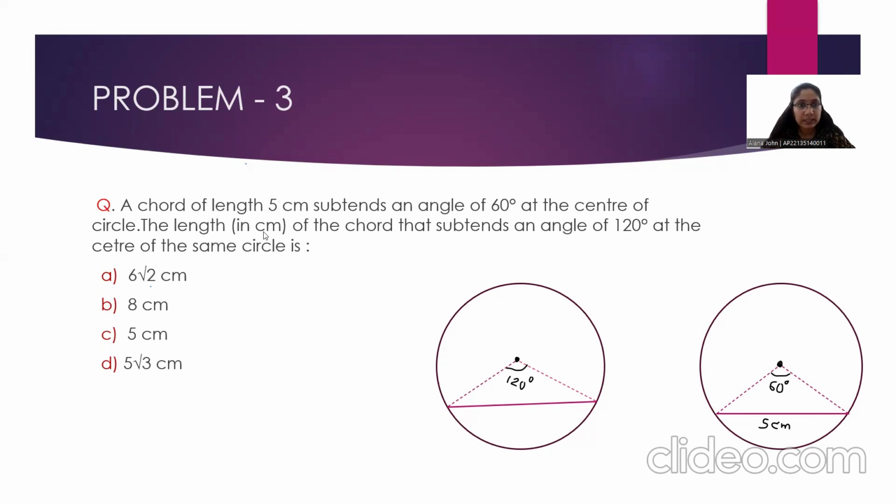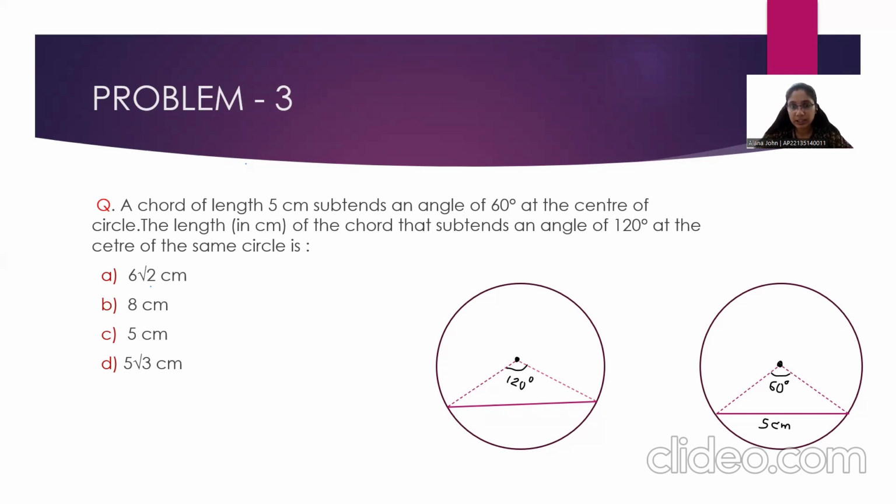The length in centimeter of the chord that subtends an angle of 120 degree at the center of the same circle is. Okay. Now in the same circle, we are considering another chord. Say that these two circles are same. In order to understand the question, I have drawn it separately. In the same circle, we have another chord which subtends an angle of 120 degree at the center of the circle.